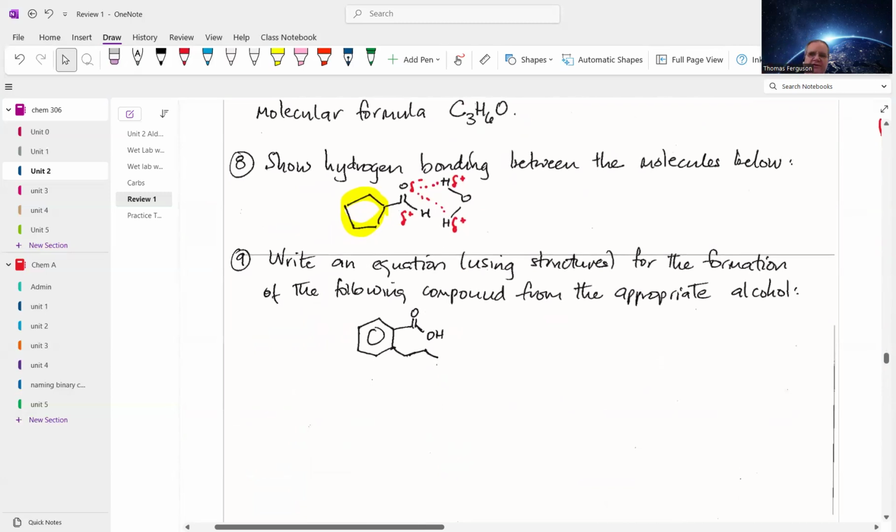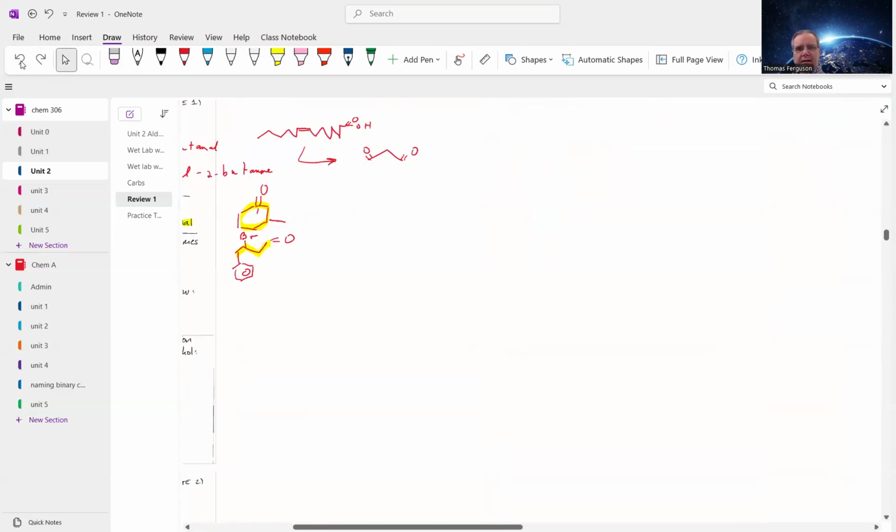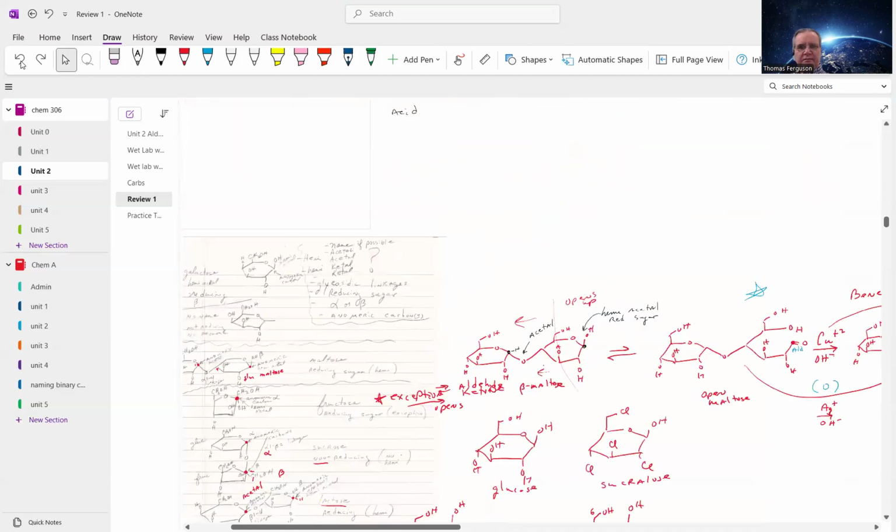Okay, it says write an equation using structures for the formation of the following compound from the appropriate alcohol. So this question, you're going to start with an alcohol. You want to end up with, this is a carboxylic acid here. Okay, so let's see. Do I have the flow chart?